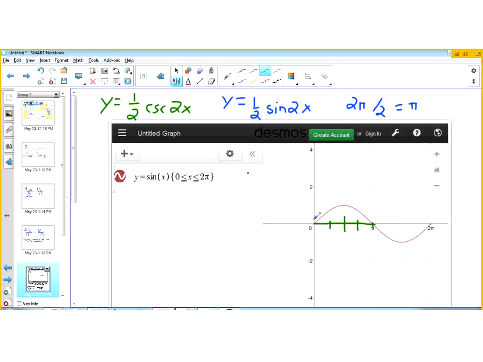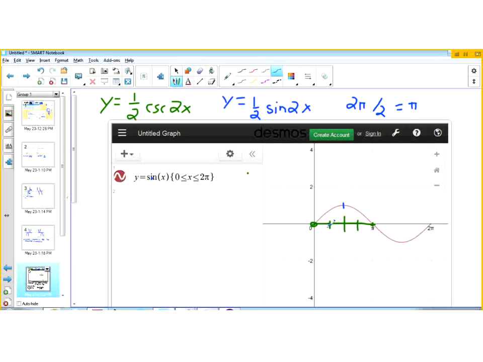We know that this point is retained. The sine of pi is still 0. Now, 1/4 through the interval on a period of sine x, the output is 1.